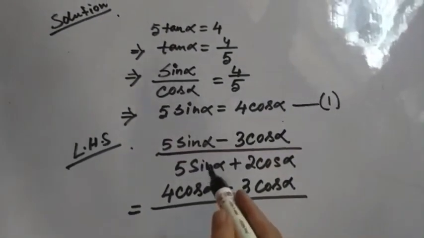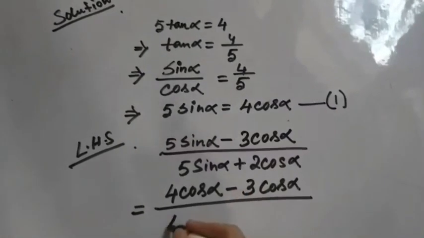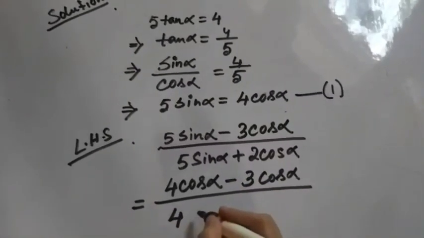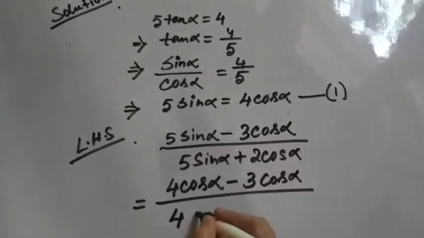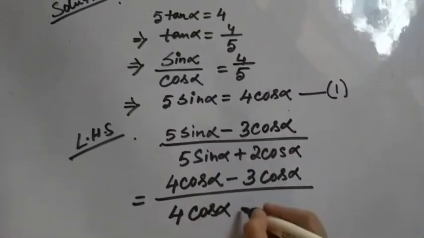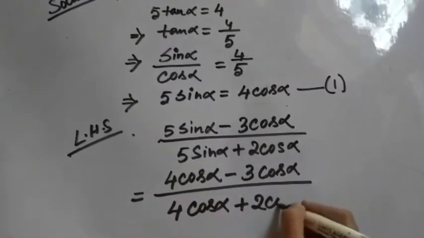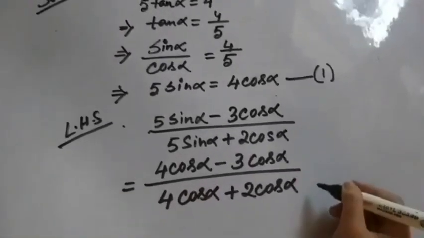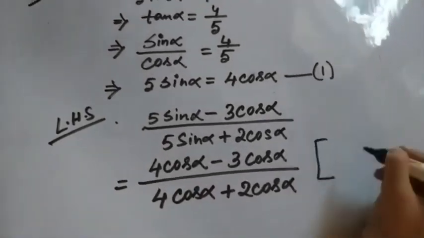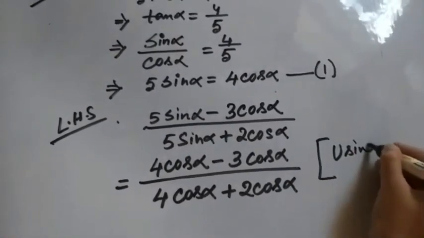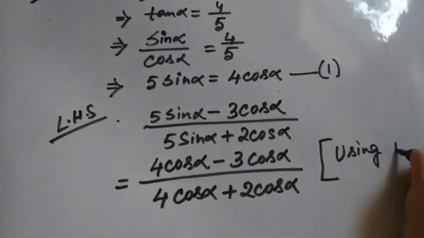Same thing we will write down in the denominator term also. Instead of 5 sin alpha, we will write down 4 cos alpha plus 2 cos alpha, right? Here you will write down using 1.